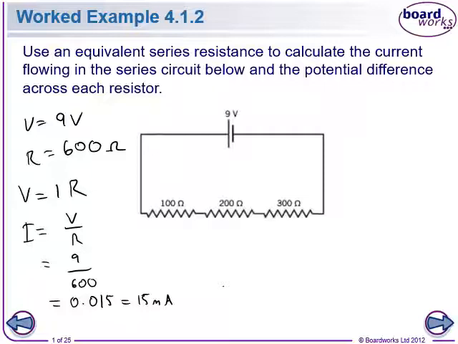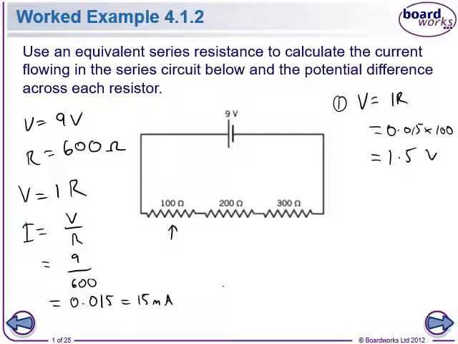So let's look at this 100 ohm resistor first. We'll call this number 1, and I'll do it up here. Again, V equals IR. We don't know what V is, but we know I is 0.015, and we know R is 100. So that will give us 1.5 amps.